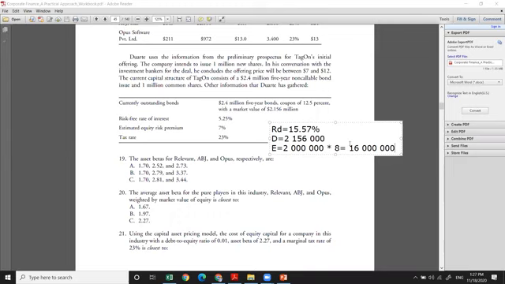And now I can find the levered beta for my company.